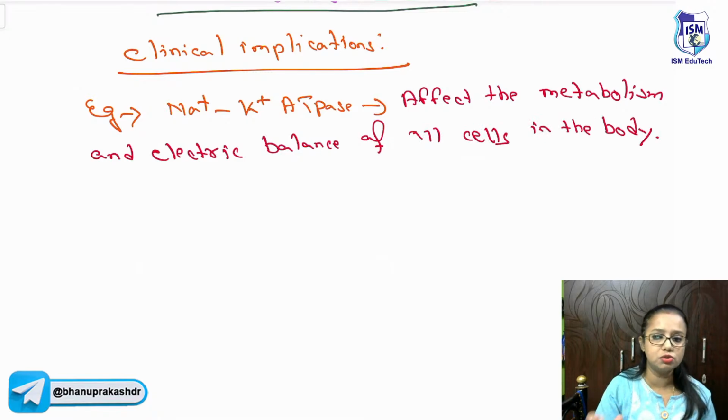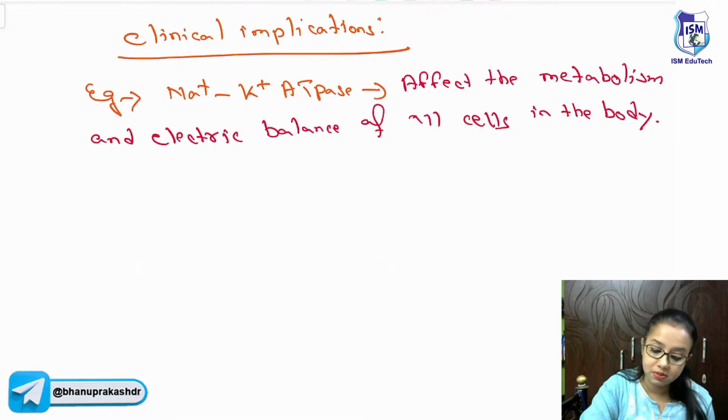There'll be a huge problem maintaining the electric neutrality, also the metabolism, because the sodium potassium pump has to constantly pump and maintain the membrane potential. This is very important. Okay, this is what will happen if this primary active transporter is affected.